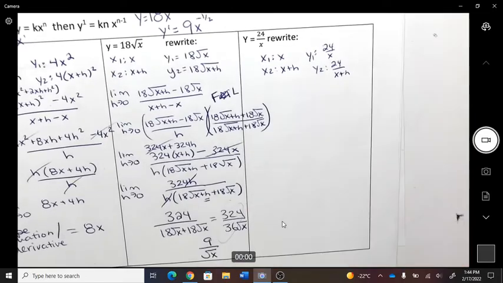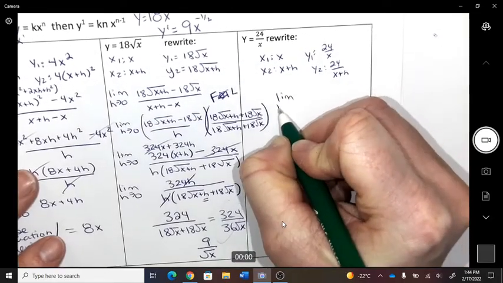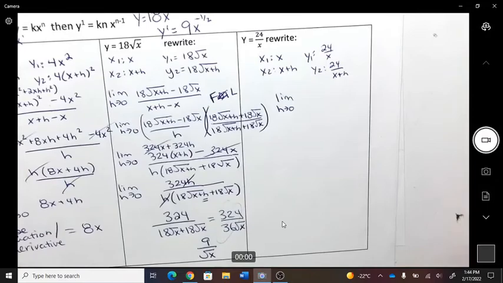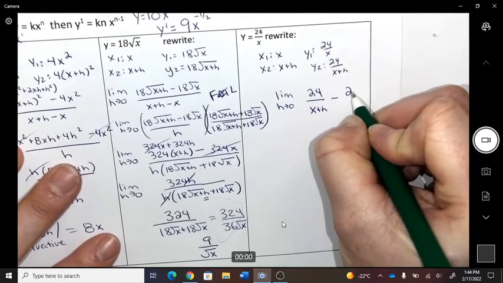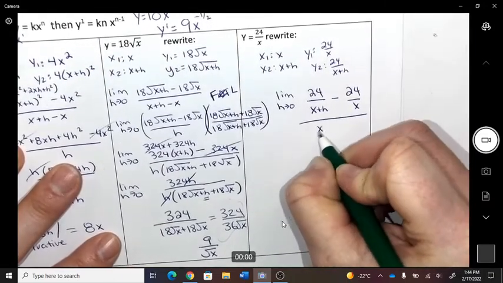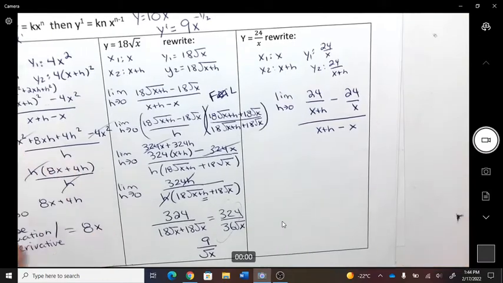Okay, same setup. We're going to do the limit as our h distance gets closer to 0, y2 minus y1 over x2 minus x1.